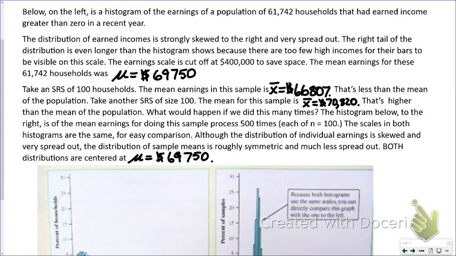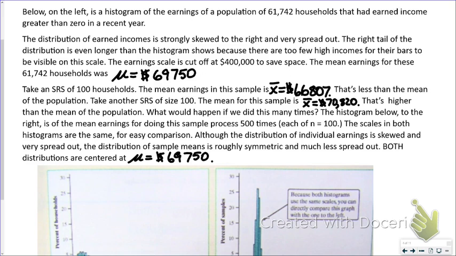And then it talks about how they take one sample of 100 households, a sample of 100 of these randomly. And they get an X bar of 66,807. Naturally, it's a little different than the true mean.